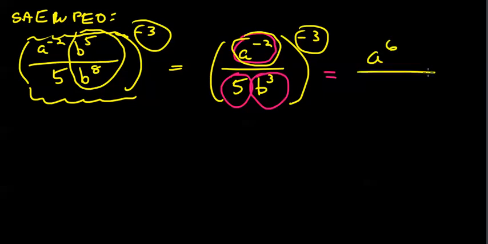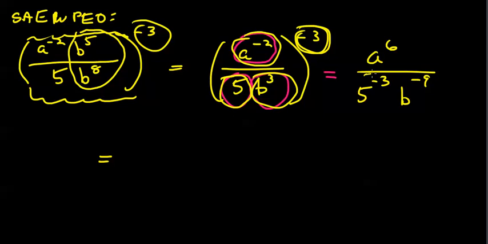Okay. Now downstairs, I'll get 5 to the minus 3 power. Let me write it just like that. And then b cubed to the minus 3 power is going to be b to the minus 9th. Alright, that's one possible way to grind this one out. And let's see.